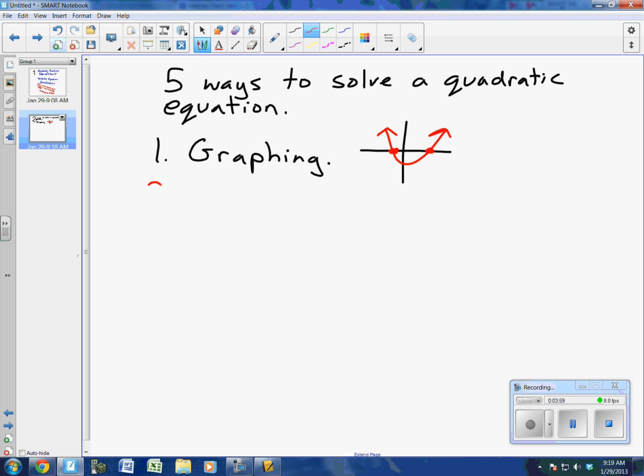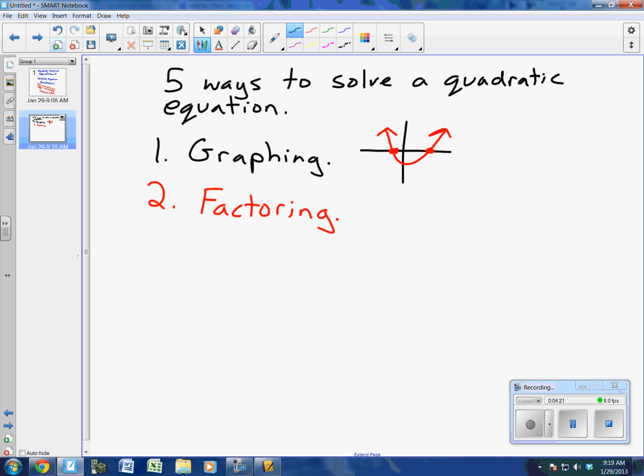Okay, another method is by factoring. We've been learning how to factor quadratics, right? And when you factor quadratics, you can set it equal to 0, and you can find the zeros.